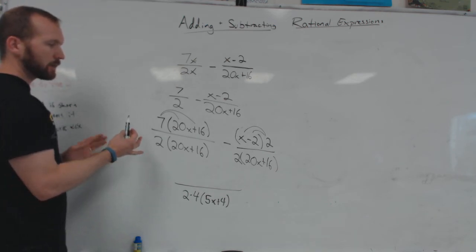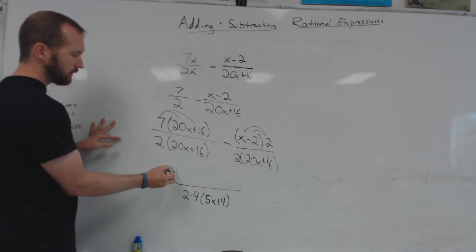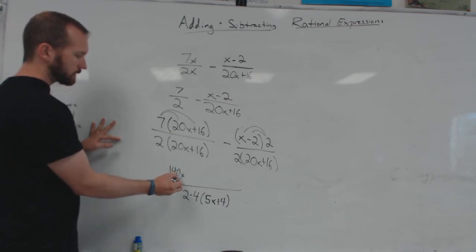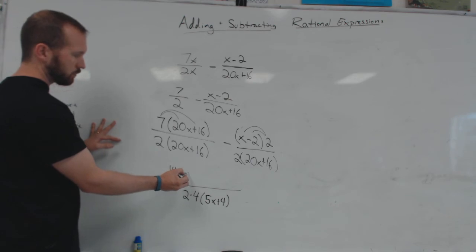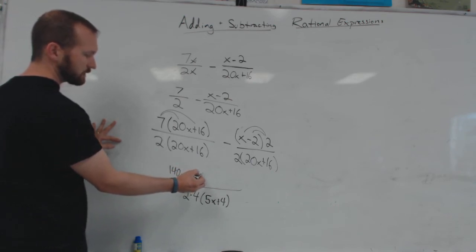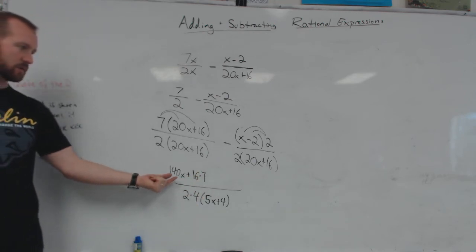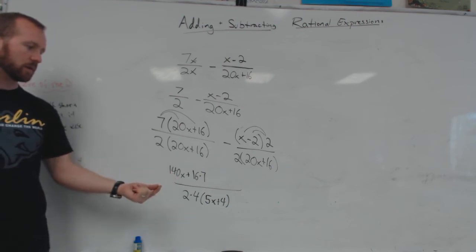And then in the top, I'm going to do this all in one step. So over here I have 140x plus, and I'm just going to leave this because to me it's easier. Like I said, you could multiply that out. You could have left 7 times 20 here, whatever you want to do.